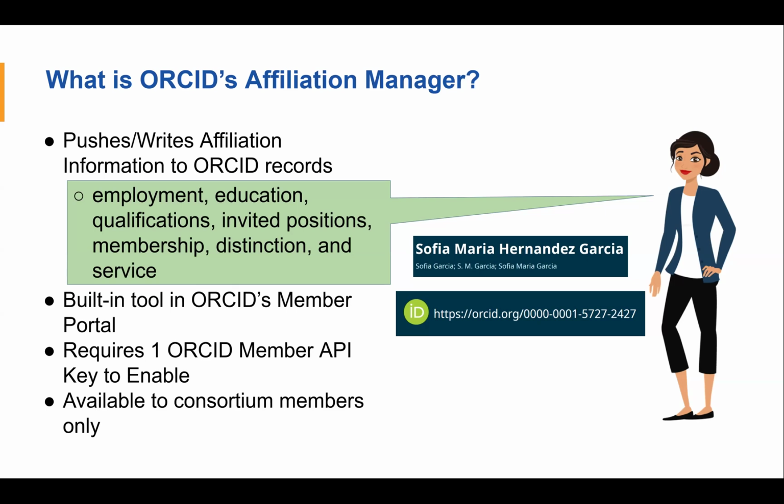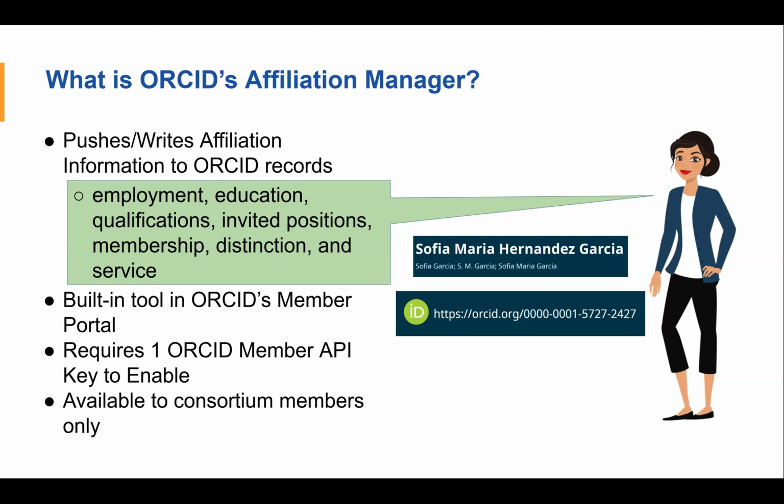The Affiliation Manager is a built-in tool in ORCID's member portal. Most of you that are members of ORCID through the consortium should have access to the member portal. And it does require one ORCID member API key. To enable the functionality of the Affiliation Manager in the member portal, you will have to use one of your ORCID member API keys.